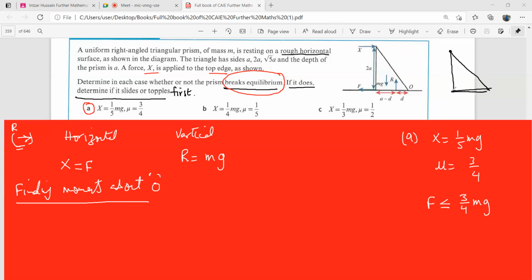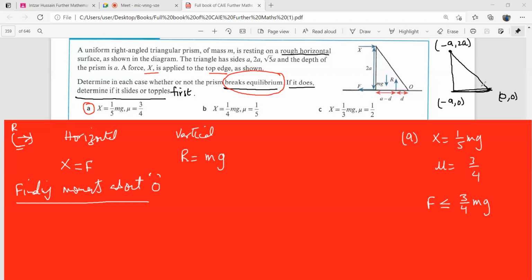It's up to you, you can take it from any of the points. So let's take this point as 0, 0 here. This length is a, I think. So this will be minus a comma 0. This will be minus a comma 2a.